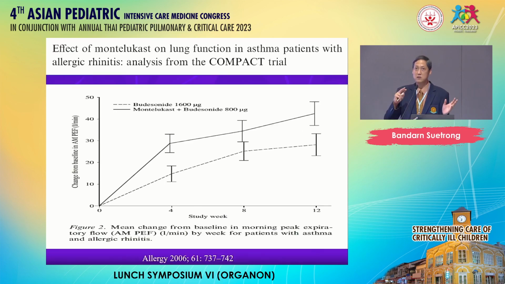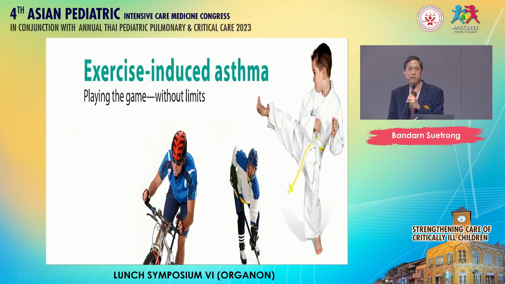And if we know that asthma with AR comorbidity has a high level of inflammation from the leukotriene pathway, and we compare a double dose of budesonide and adding montelukast in asthmatic patients who already received inhaled corticosteroid, the morning peak flow is better in the group that received montelukast added to the inhaled corticosteroid than with a double dose of inhaled corticosteroid.